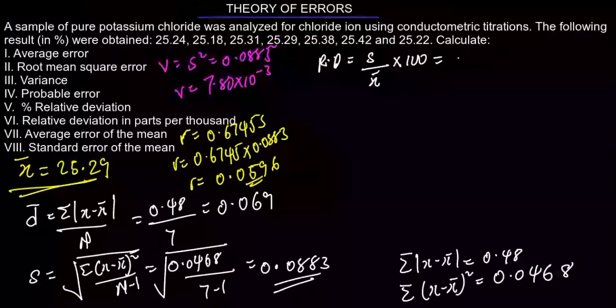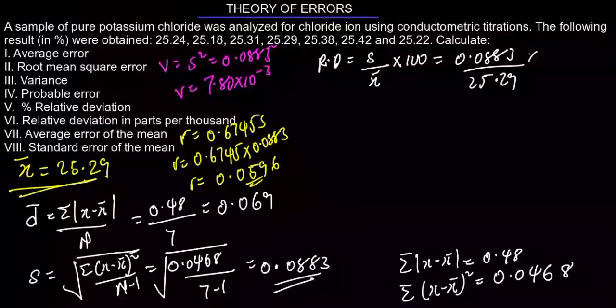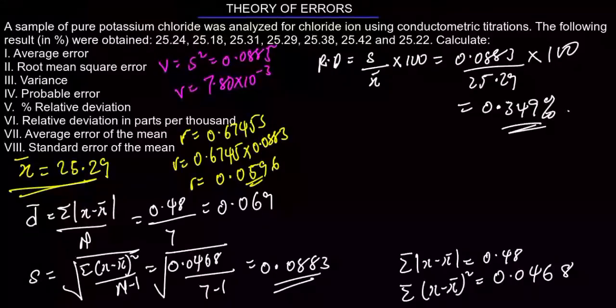So that's 0.0883 divided by the mean, which is 25.29, then multiplied by 100. My answer is 0.349%.